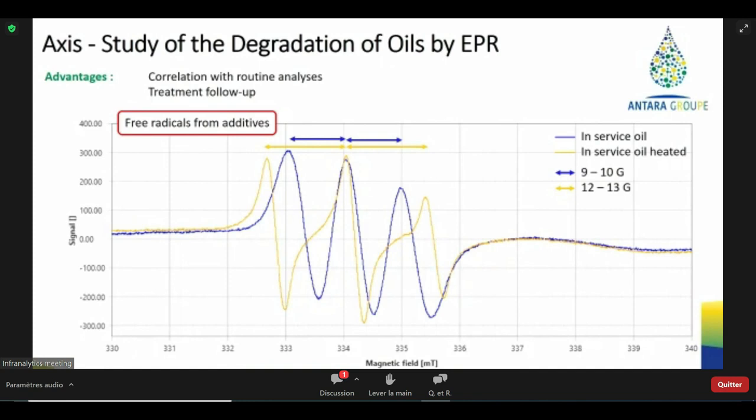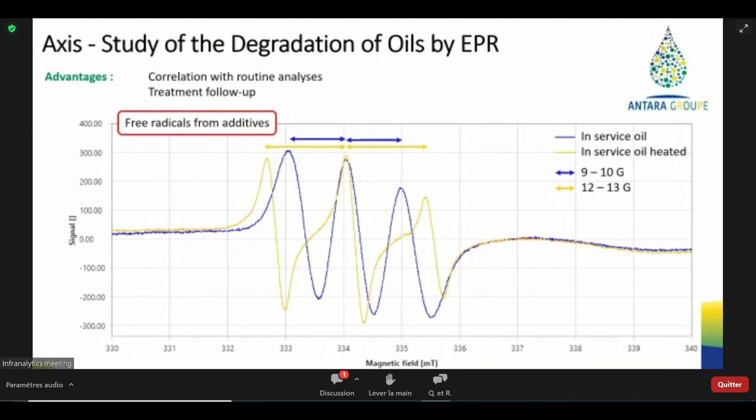Then what you can also do is use it as a sort of treatment follow-up. For example, you have a client who has a problem with an oil, and you take a sample, you do your EPR analysis, and you see different free radicals and big amounts of free radicals. And you say, okay, let's put a treatment in place to reduce and to clean this oil.